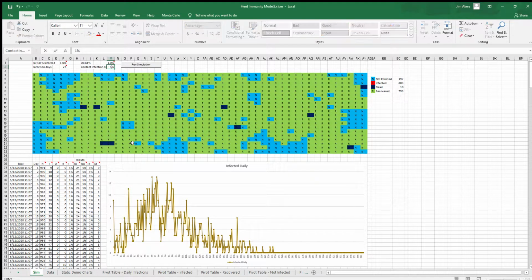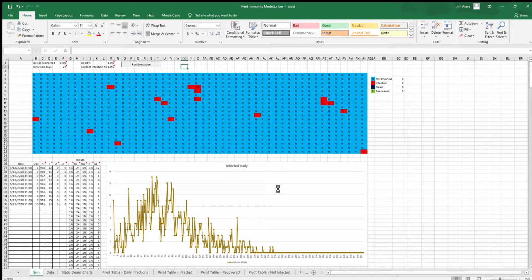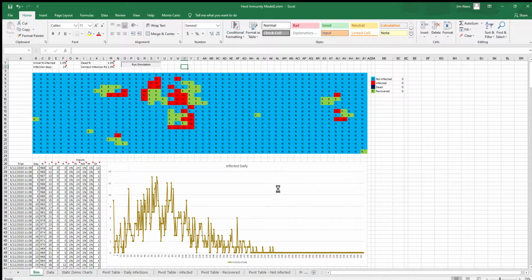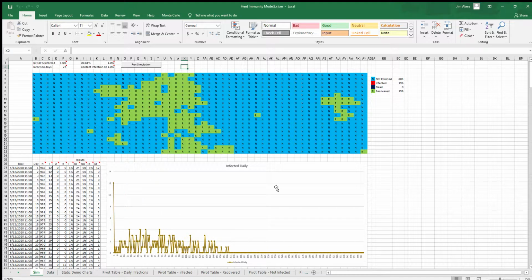All right, I'm going to try 1% now. There you go. That's it. The virus couldn't spread effectively enough. It couldn't spread rapidly enough to even move out towards the edges of the area. It just died out.